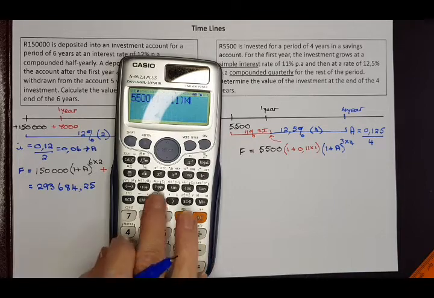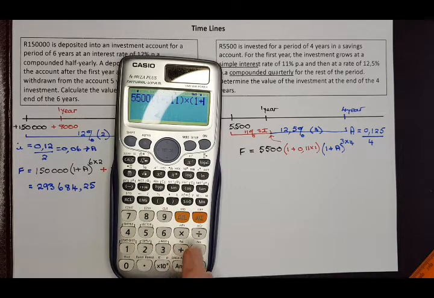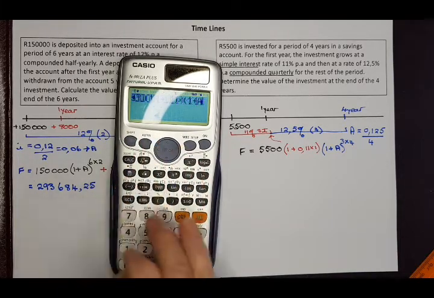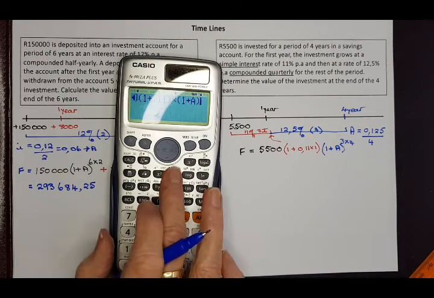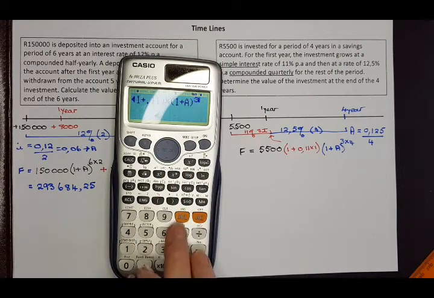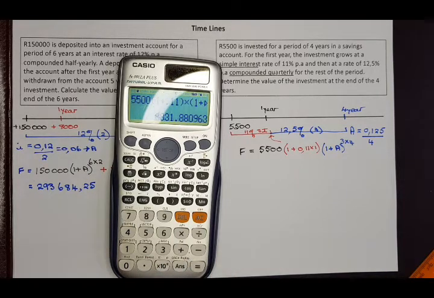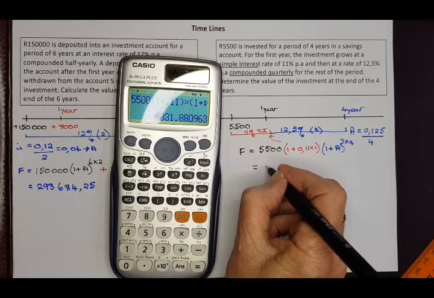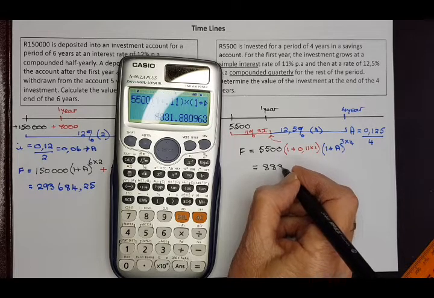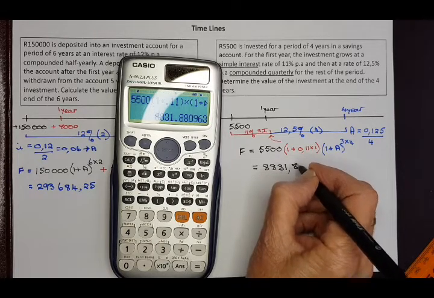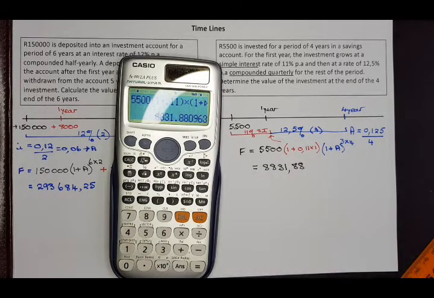We are going to multiply that by 1 plus alpha A, close bracket, raised to the power of 3 times 4. And our future value for this particular investment is 883188.